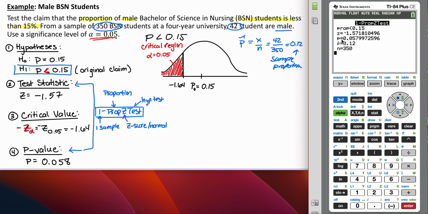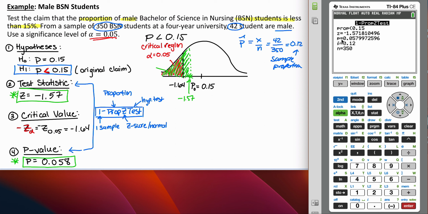Now let's talk about what the test statistic and p-value look like on this bell-shaped curve. So I'll use different colors here. I'm going to mark the test statistic in green, and then I'm going to shade in the p-value also in green. So notice that our test statistic is negative 1.57, so it's right here. And I'm going to shade in the area that corresponds to the area to the left of that test statistic.